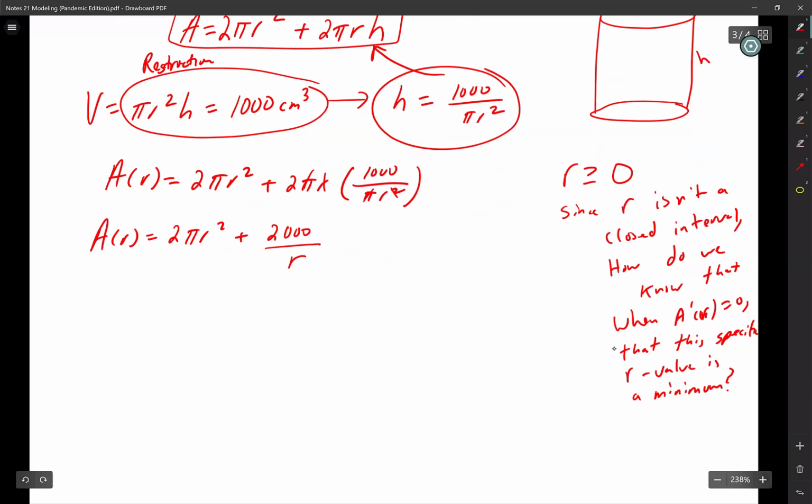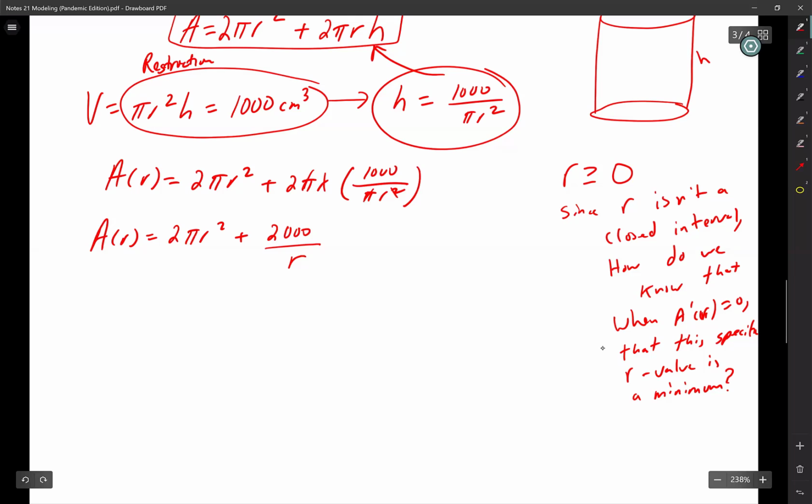I'm going to read it again, guys. Since r isn't a closed interval, how do we know that when A prime of r equals 0, this specific r value is the minimum? Do we have any tools in our bags that can tell us how we can figure this out?